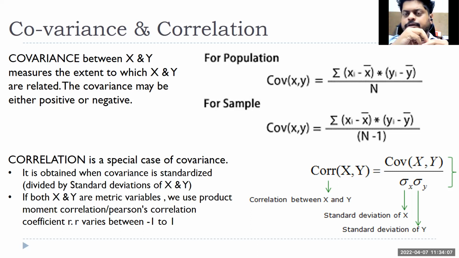It is a positive correlation, but very weak. Can I say that there is no relationship? No, it is a very weak, negligible relationship. If it is 0, there is no strong relation between both the variables.